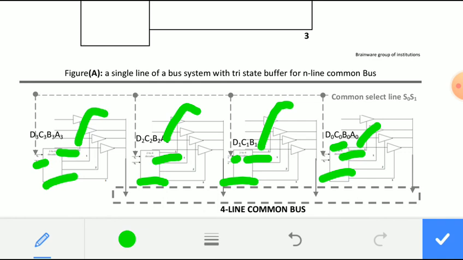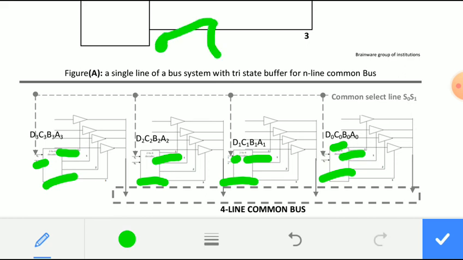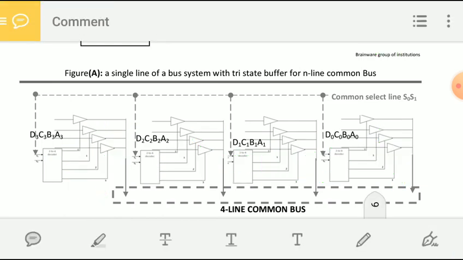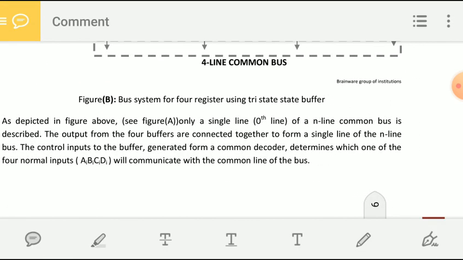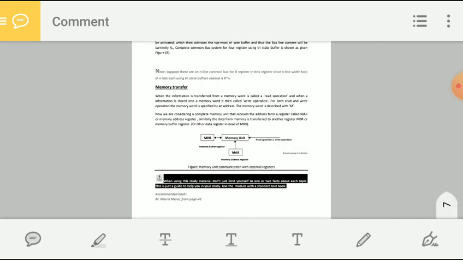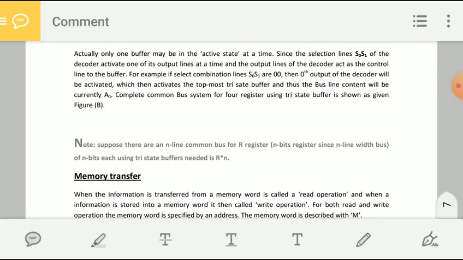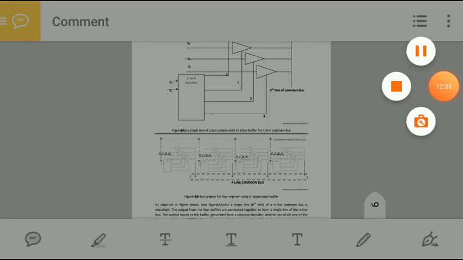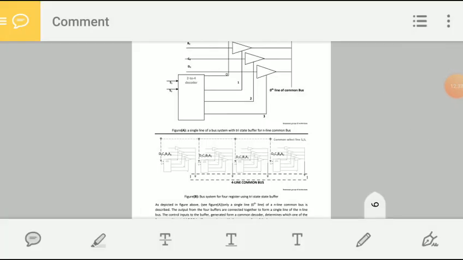For the case of 0 1, B0, B1, B2, and B3 will be transferred. For 1 0, C0, C1, C2, C3. For 1 1, D0, D1, D2, D3. So according to the control logic, the actual register will be selected and its value will be forwarded.